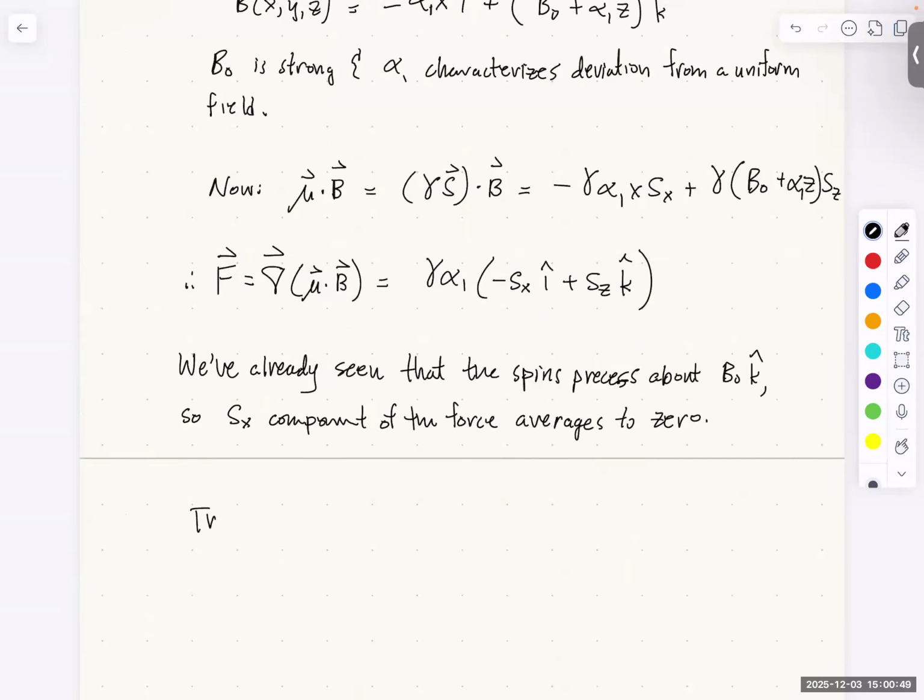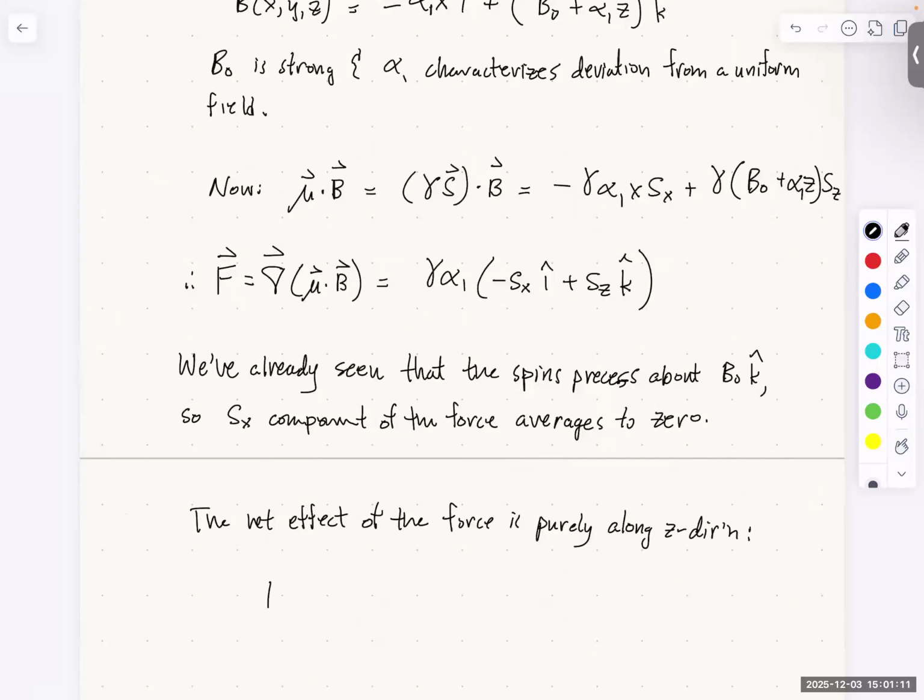Okay, so the net effect of the force is purely along the z direction.